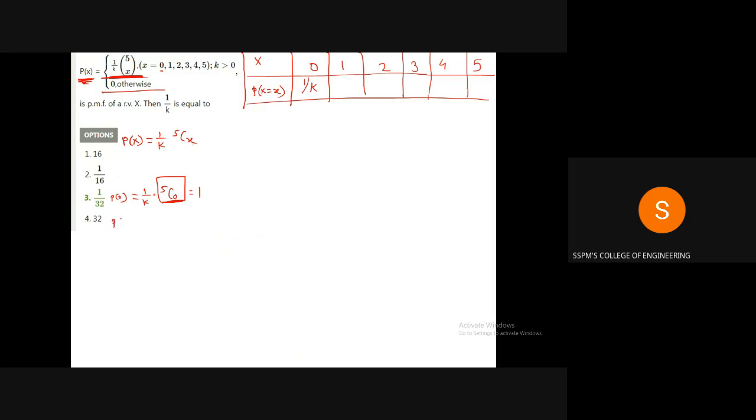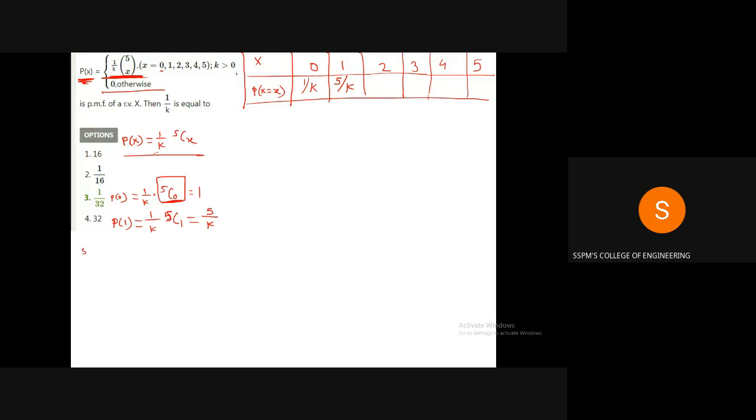Now for the probability of 1. We will put x equal to 1 in this formula. So 1 by k into 5C1. What is 5C1? It is 5, so 5 divided by k. How can you calculate 5C1?